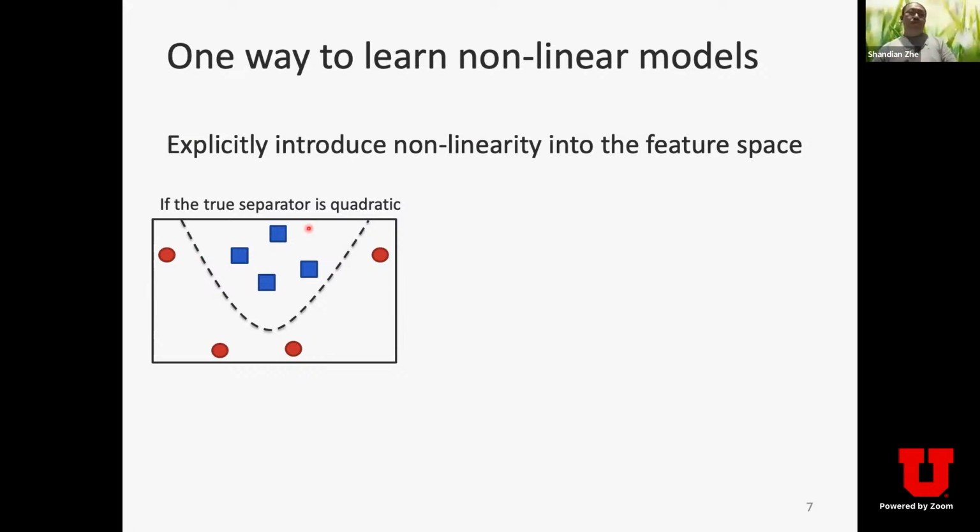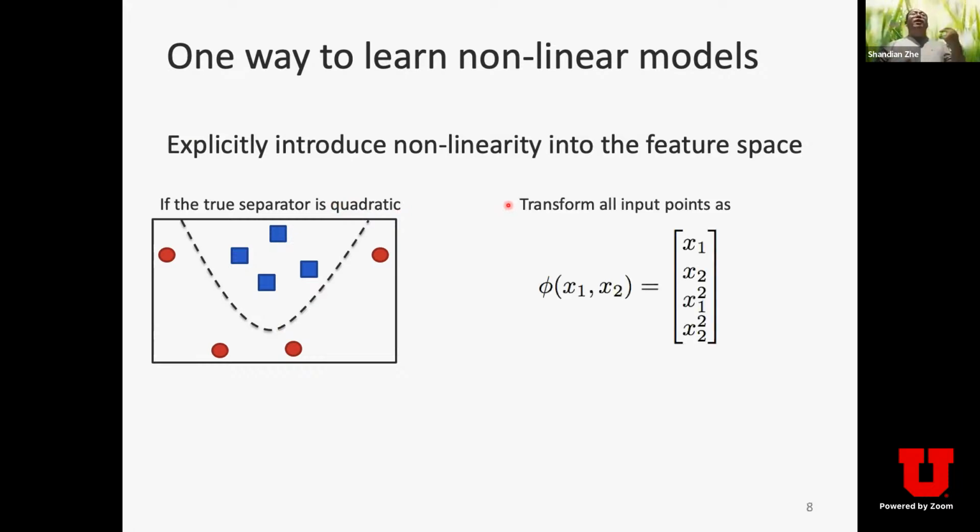Of course, this is not linearly separable. If you want to separate positive and negative examples, you have to draw some curve. But if we can come up with some smart feature transformation, for example, this is the transformation I came up with.